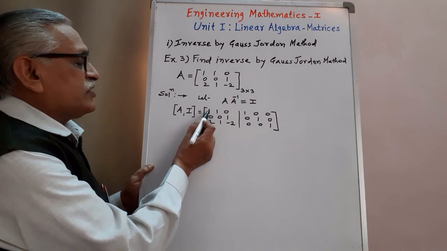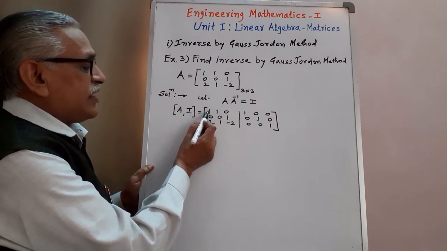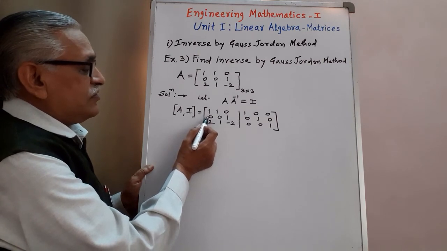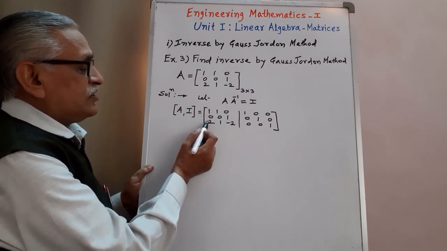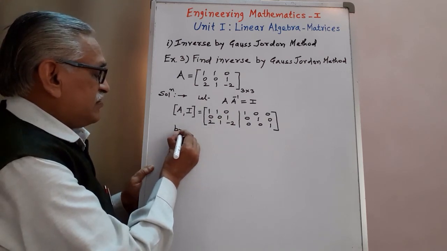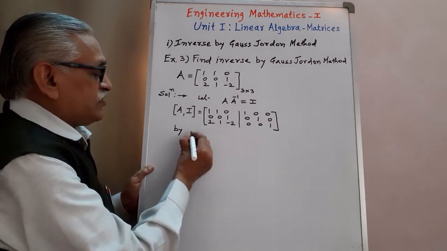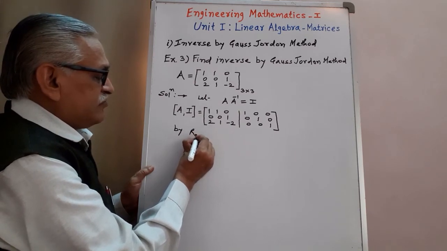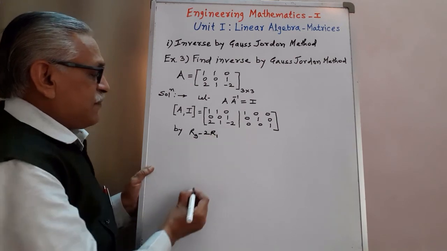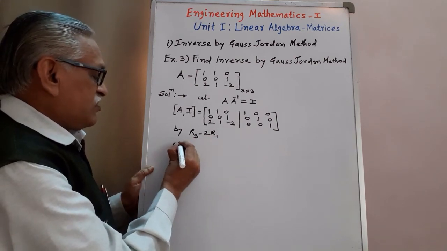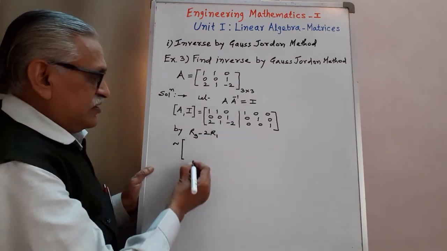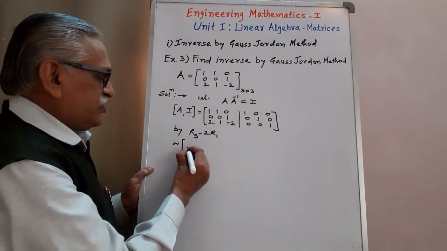Therefore, here the leftmost element is 1. Keeping this as it is, we try to convert the others to zeros. Already the second element is 0. Therefore, we convert this 2 to 0, since 2 minus 2 is 0, in the third row by R3 minus 2 R1. By applying this transformation, first and second row no change.